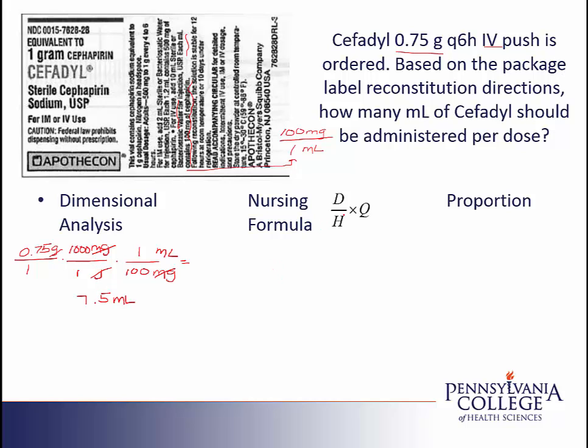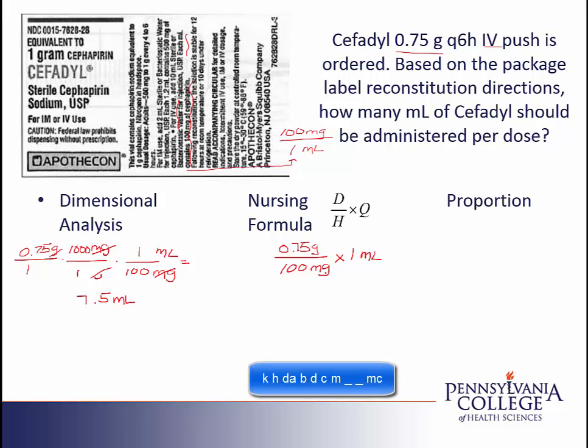The second approach is to use the nursing formula, which starts with the desired amount or the doctor's order, in this case the 0.75 grams. We place that over what we have, and we have 100 milligrams that is in a quantity of 1 milliliter. We're not ready to do our math because our labels do not cancel. So I'm going to use the King Henry. You remember King Henry died by drinking chocolate milk full of microorganisms.